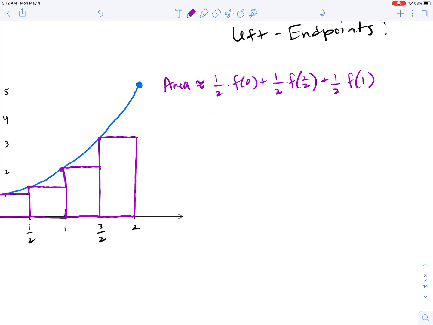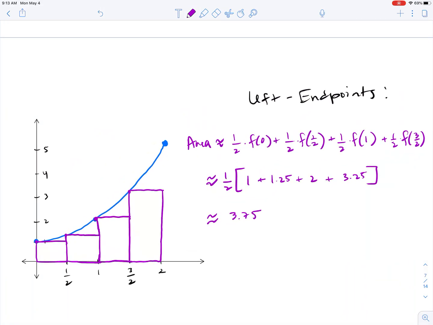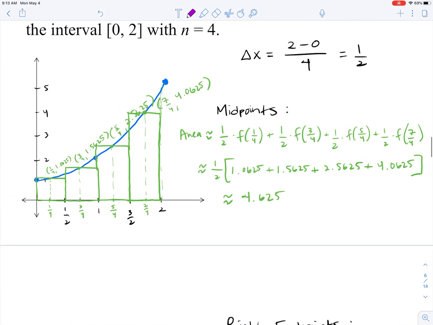And f of 3/2 will be the height of the fourth rectangle. So factoring the 1/2 out, f of 0 is 1, f of 1/2 is 1.25, f of 1 is 2, f of 3/2 is 3.25.